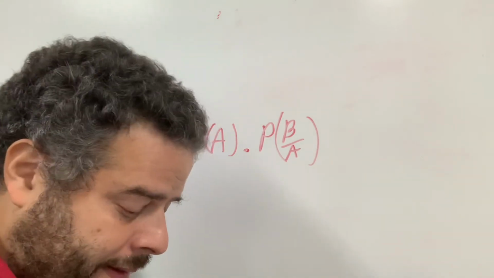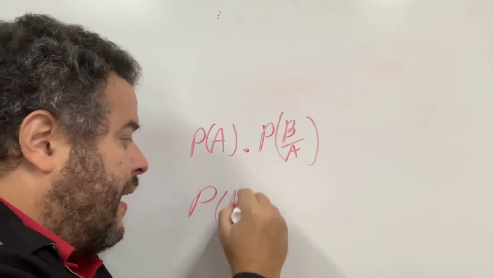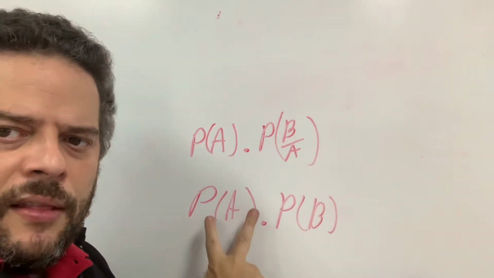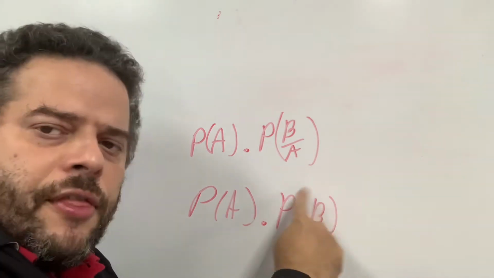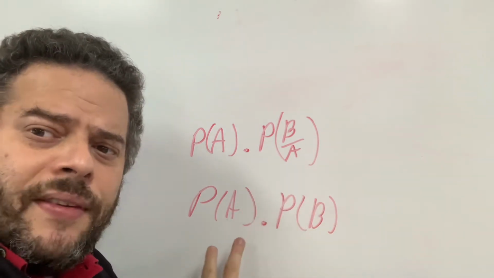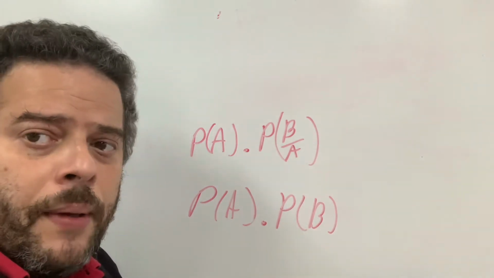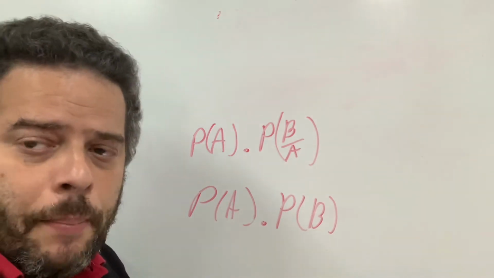And for independent events, it's pretty simple. You just multiply the probability of A happening and the probability of B happening. These are independent. The first one has absolutely nothing to do with the second one. So when you're talking about independent events, you just multiply the probabilities, and that's the probability of both of those events happening.